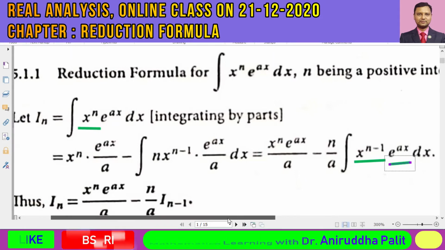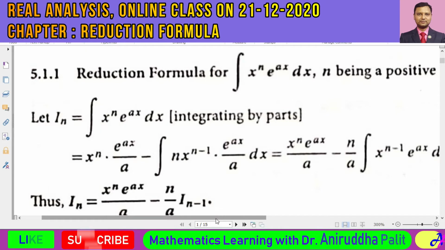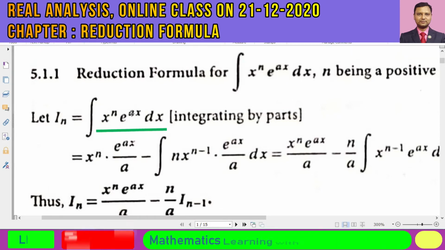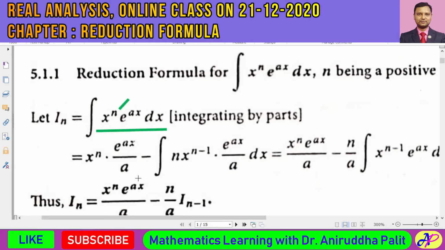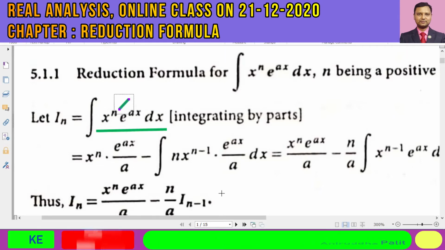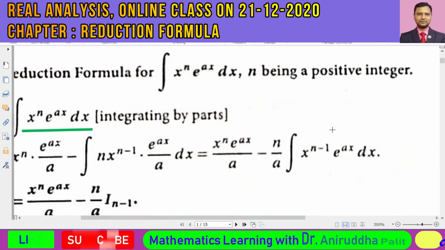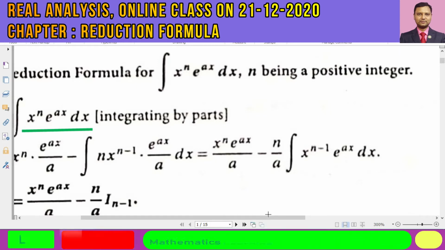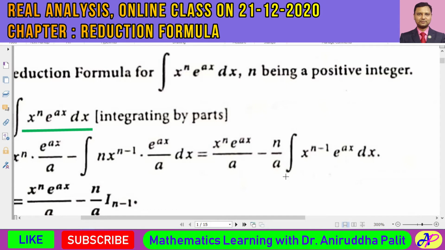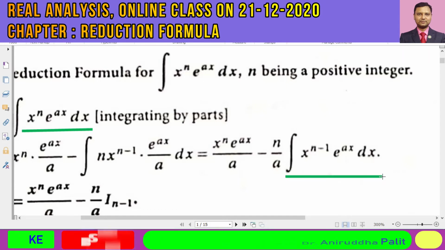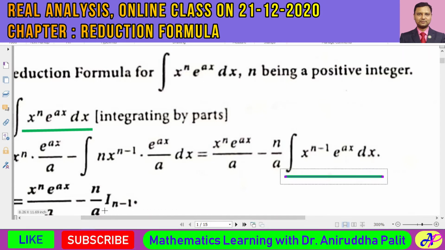So you can observe that if we have an integral involving this index n, got it? An integral involving this index n, and over here in place of n, what we have? Over here we have n minus 1 in place of n. So this total integral can be written as I_{n-1}.